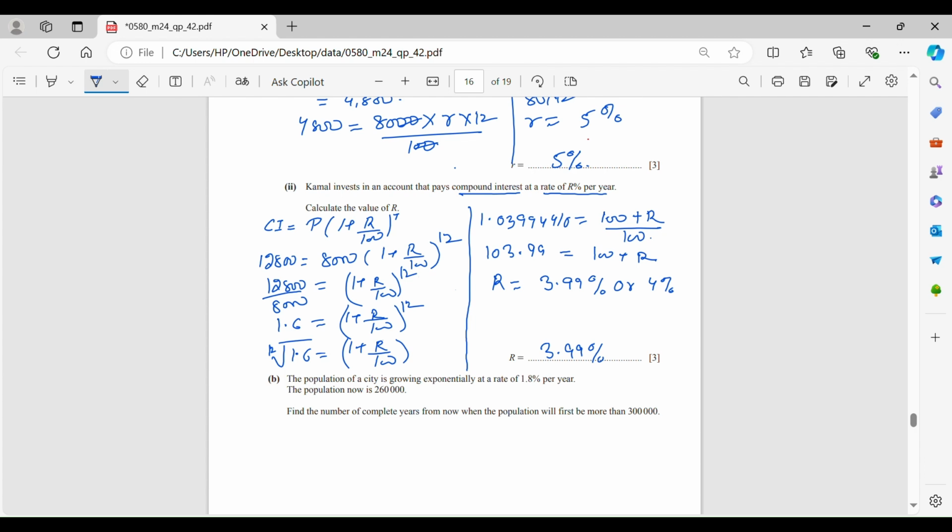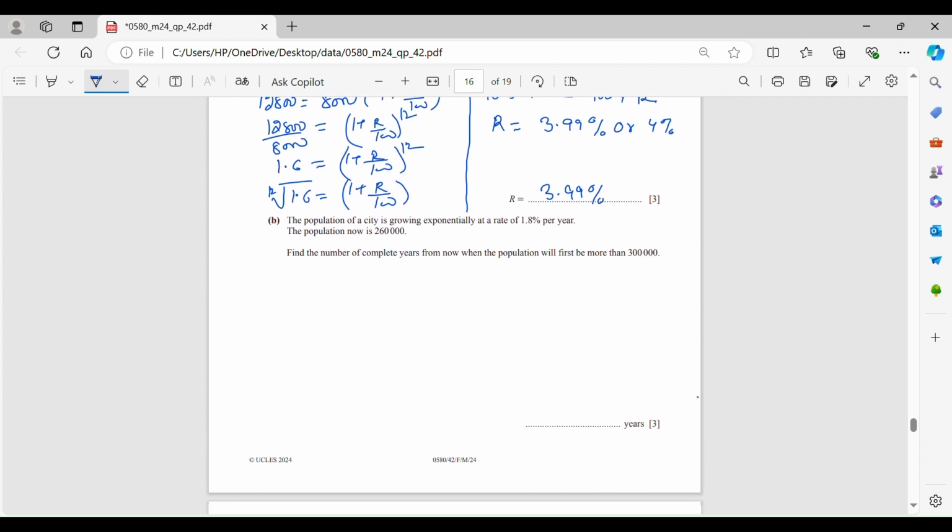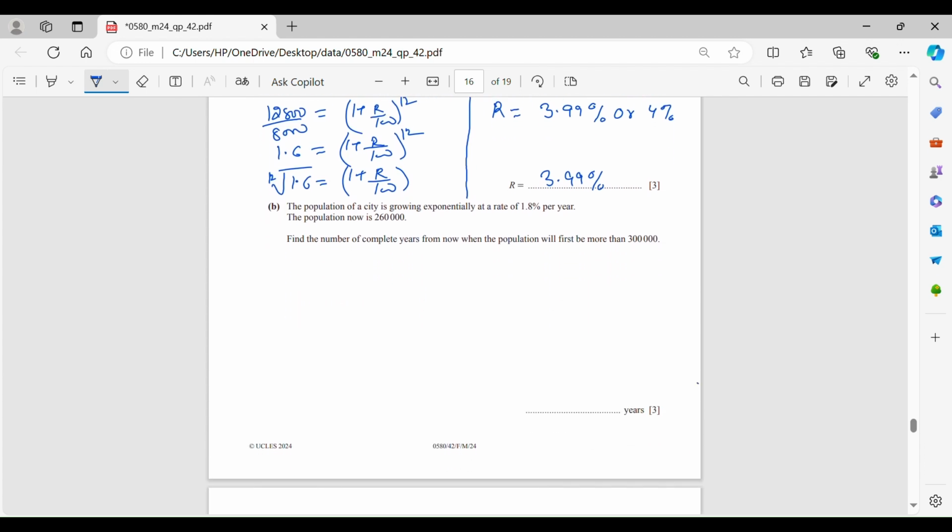Next, B part. The population of a city is growing exponentially at the rate of 1.8% per year. The population now is 260,000. Find the number of complete years from now when the population will first be more than 300,000. Now this is a question of exponential growth, right?